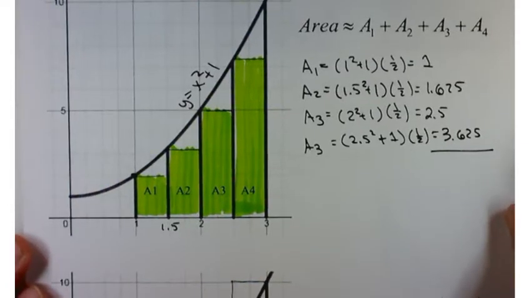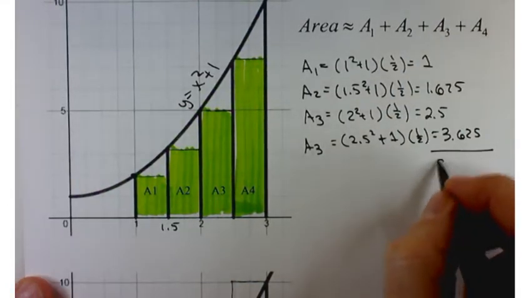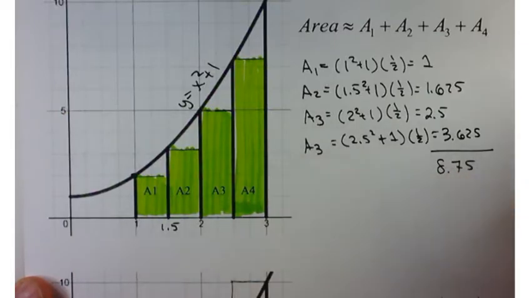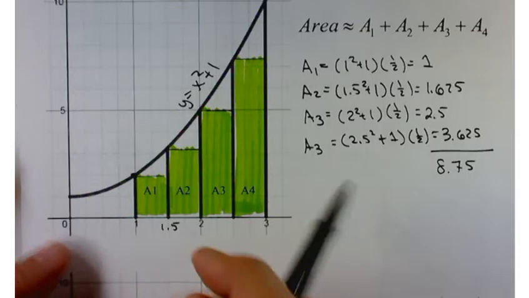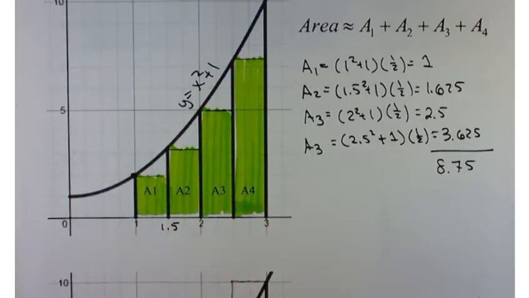If I add all these up, I get 8.75. Huh. Do you think that's a good estimate of the area underneath the curve above the x-axis between 1 and 3? Think it's a good estimate? No. Yeah. It's probably a little short, right?